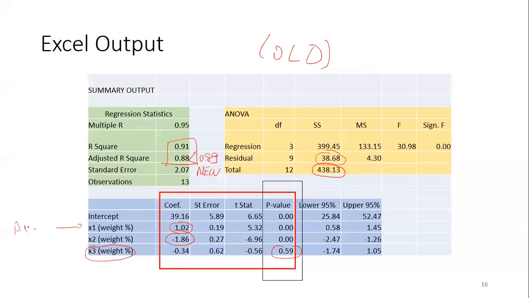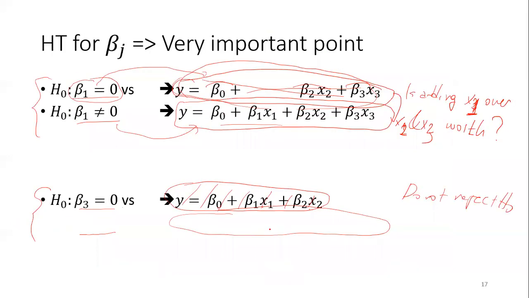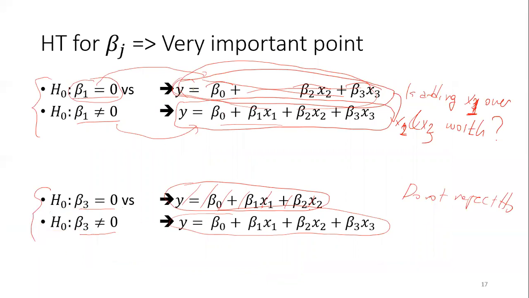When you test whether beta 1 is equal to 0 or not, you reject the hypothesis with this p-value. So what does this mean? It means that you reject this model and say that, instead of this model, please use the one which is the model of the alternative hypothesis.